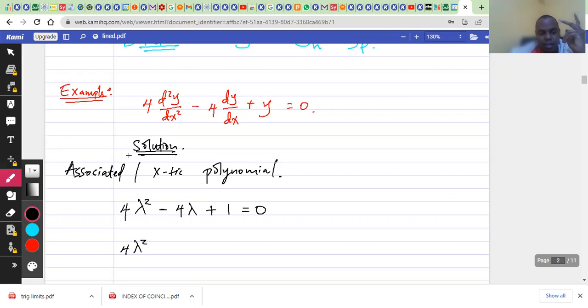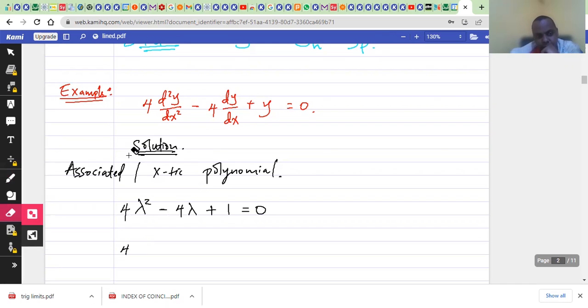Their sum should be minus 4 and their product should be 4. So which 2 numbers would work for this case? Is it possible to factorize this? We can look for the discriminant and work that way.